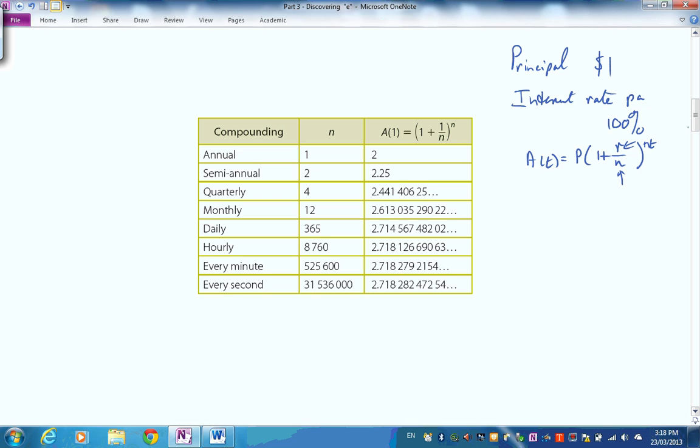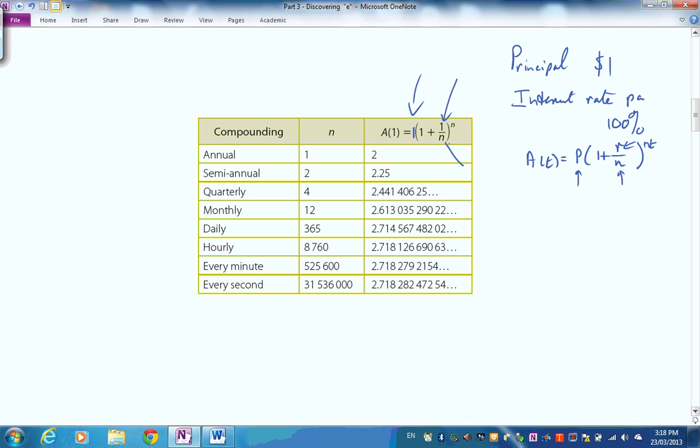So, do you agree that first of all, the principal is 1. So coming over to the table here, there'd be $1 there. Then it's 1 plus, now this is the interest rate as a decimal, so it's just 1, isn't it? 100% divided by 100 is 1. If it was 10%, it'd be 0.1.